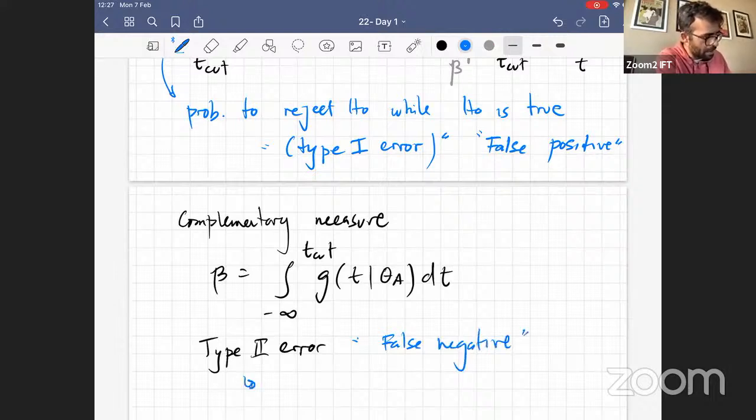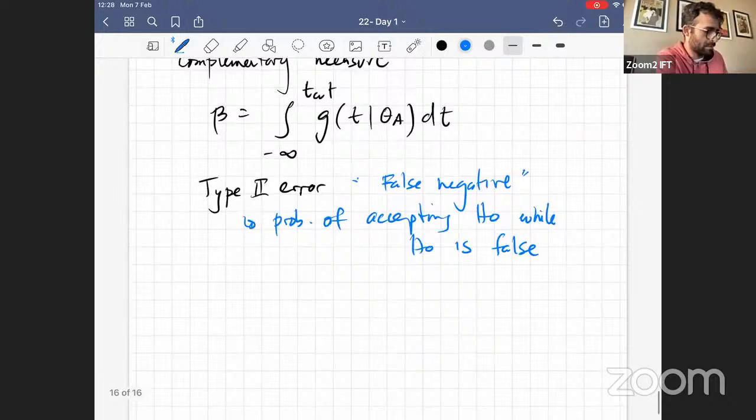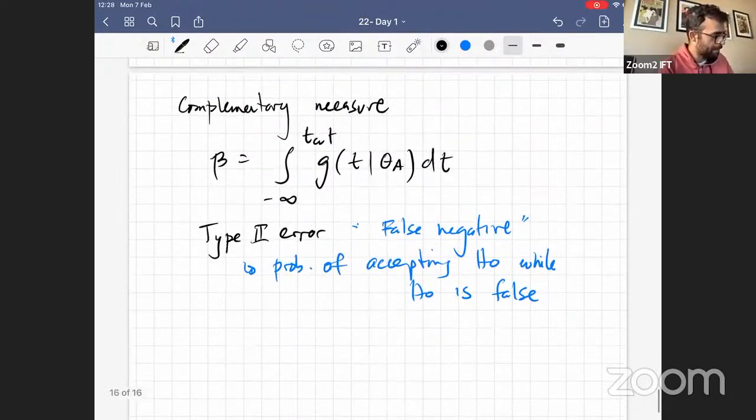And it is just the probability of accepting the null hypothesis while it is false. So those are the two complementary measures of the error that you can make when you are doing a statistical test.